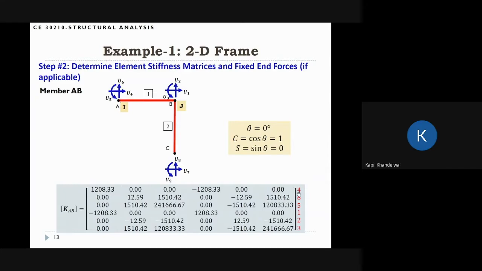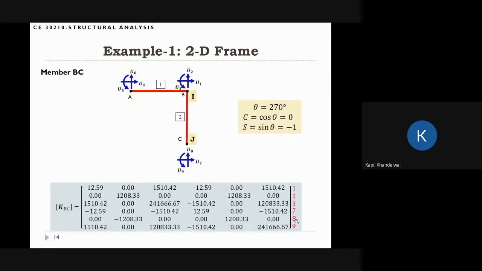So the ordering is 4, 6, 5, and then 1, 2, 3, which is UJ, VJ, theta J. Okay, so this is how the degree of freedom ordering, or the labeling, goes. Once you label these degrees of freedom, this is important, so make sure that you pay adequate attention when you are labeling them.